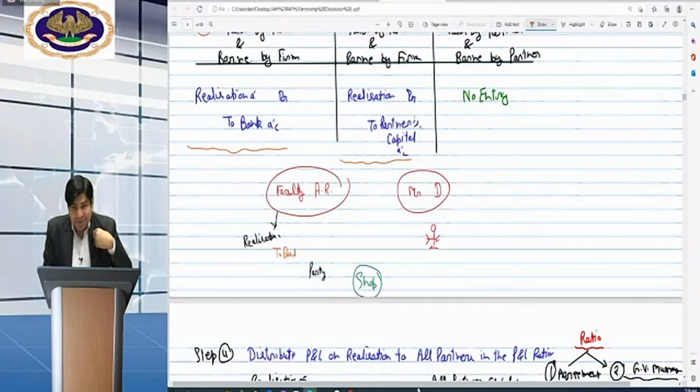If it was paid by Dinesh instead of me, but it was my basic duty, then in my books, instead of crediting bank, I will credit Mr. D, Dinesh, that is the partner in the books of the partnership firm.